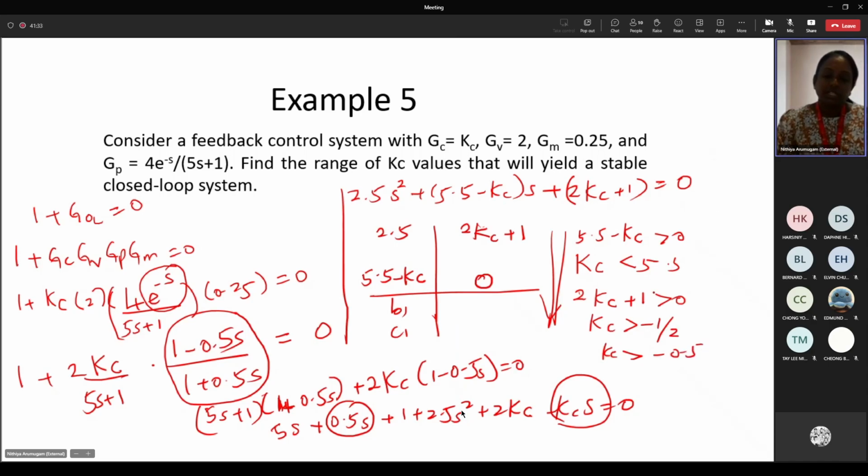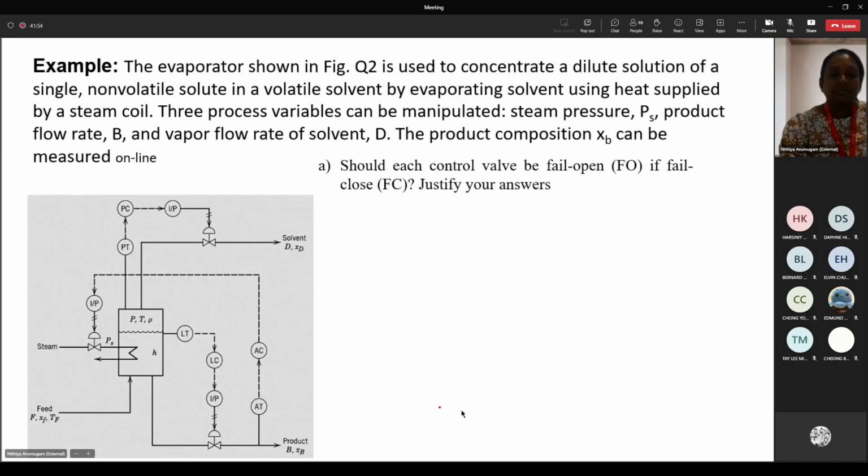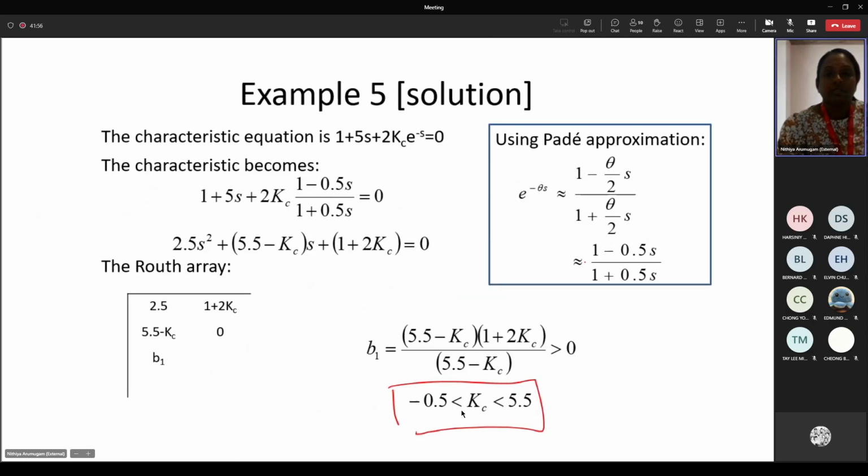So if you notice here, the range for the Kc is between 5.5 and negative 0.5. This is the Kc range that we got just now. So this is basically about how to calculate the Kc range.